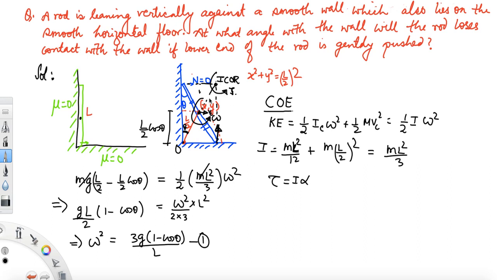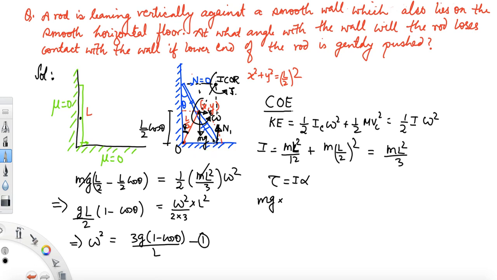If you consider this ICOR, the torque of this normal, let's say N1, will be 0 because N1 is passing through ICOR. So you can just take the torque of mg about ICOR, that is mg times the perpendicular distance, which is L by 2 sine theta, right?